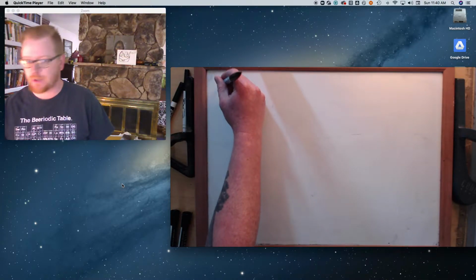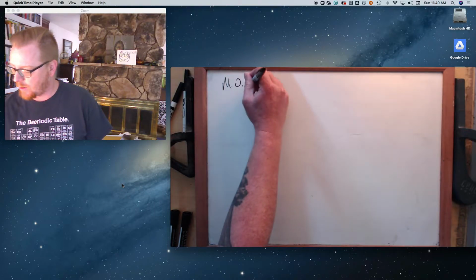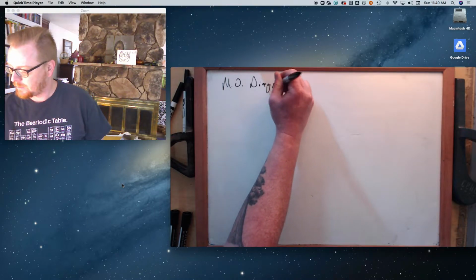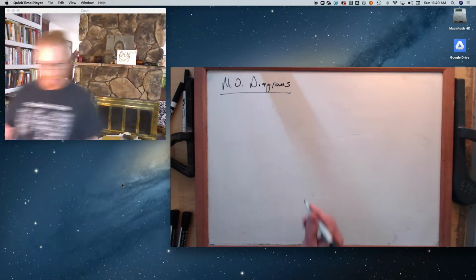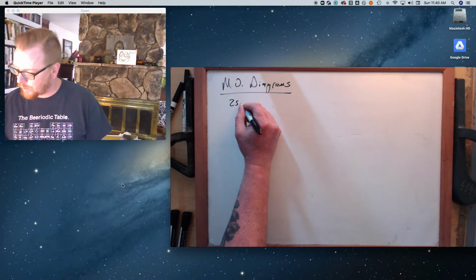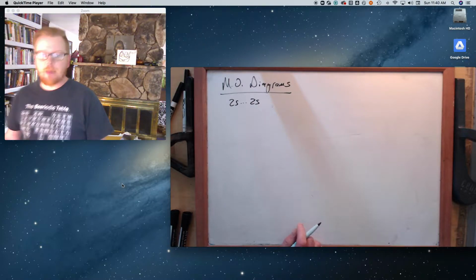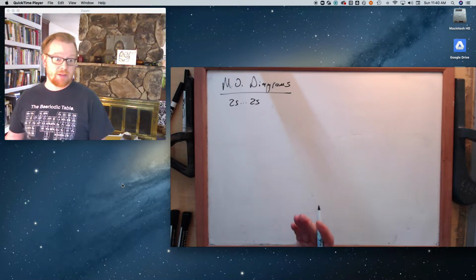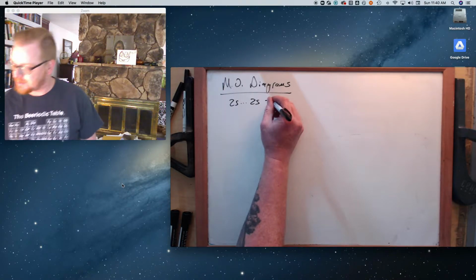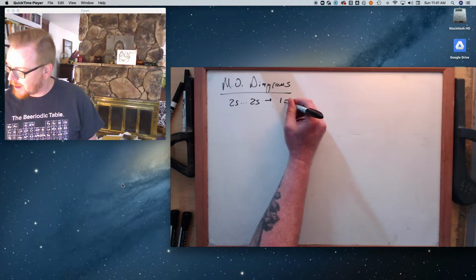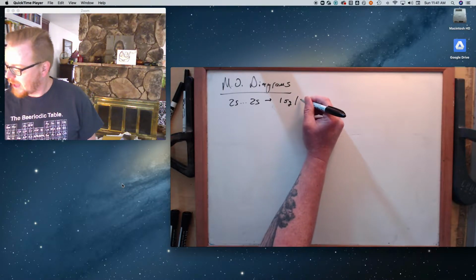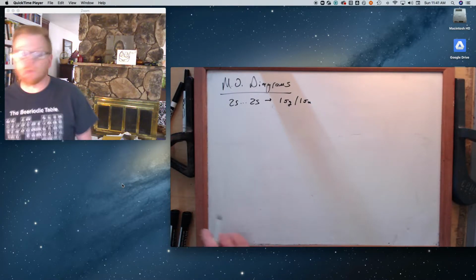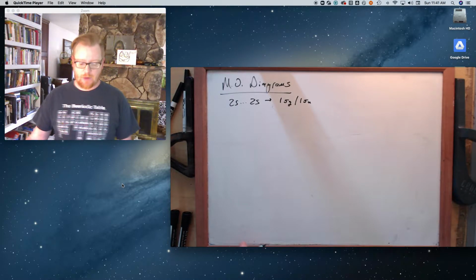So just as a review, we recall, so here we go, MO diagrams, okay, molecular orbital diagrams. So we recall that when we combine a 2s and a 2s, so when we make a bond out of a 2s and a 2s, okay, we make a 1 sigma g bonding orbital and a 1 sigma u anti-bonding orbital, all right?